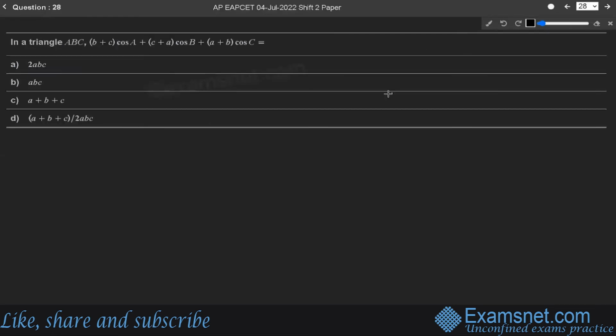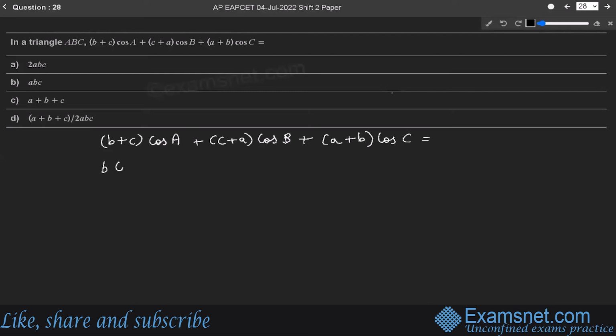Next question is, in a triangle ABC, (b plus c) cos A plus (c plus a) cos B plus (a plus b) into cos C is equal to. We have to find the value for this expression. So first let us multiply and open the brackets.